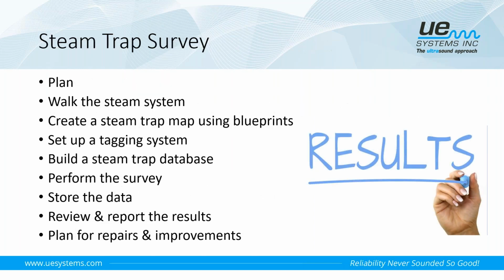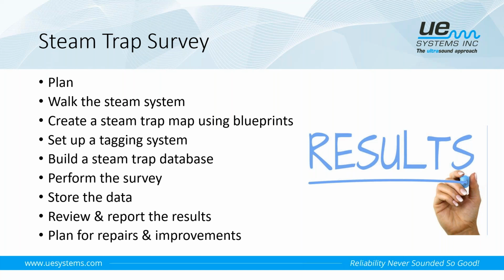Now, with any kind of initiative, planning is going to be critical. We walk the steam system. We try to identify areas where the steam is. Now, some of you are probably moaning and groaning because I've been in plants where you may have thousands of steam traps.